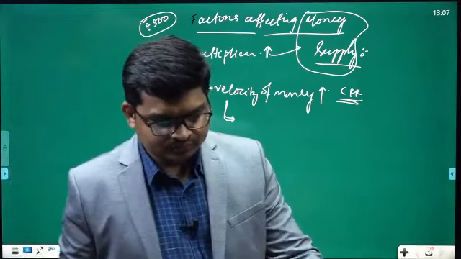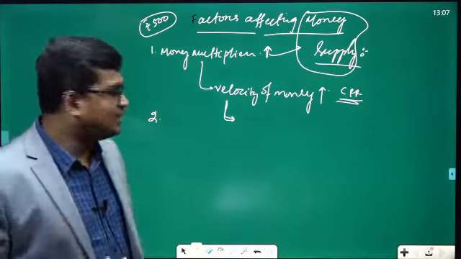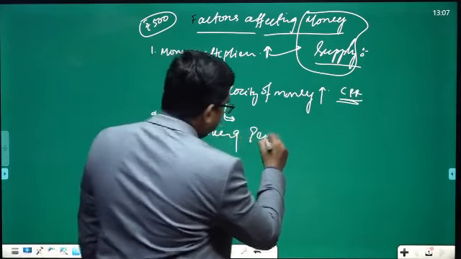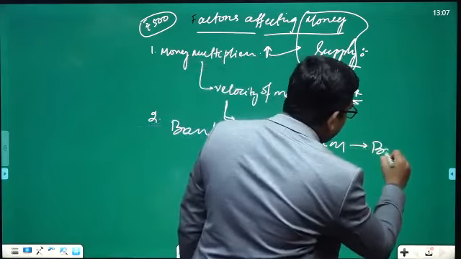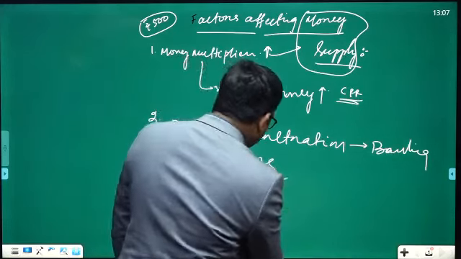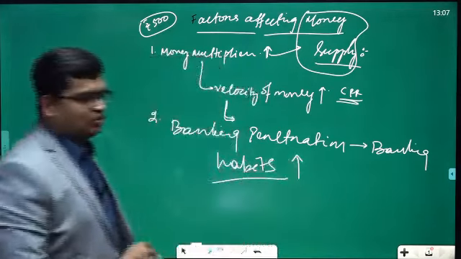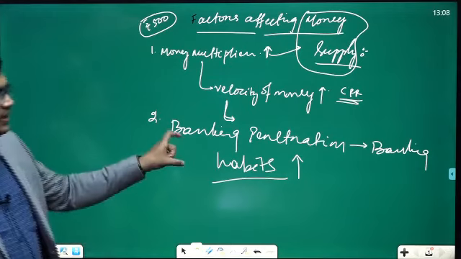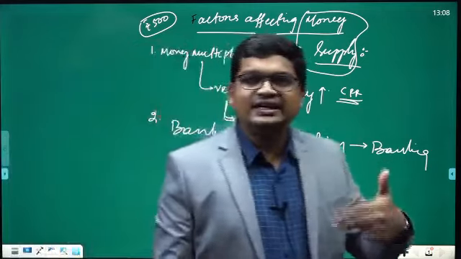Coming to the second reason behind why the money supply increases: banking penetration, or you can say an increase in the banking habits of the people, through which the money supply in the economy also increases. Clear? This is the second reason or determinant behind the increase in money supply.